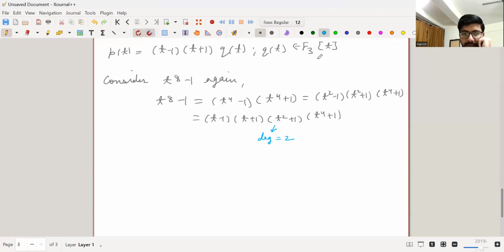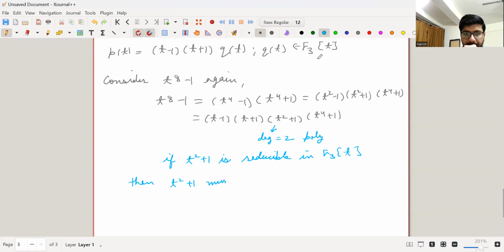So if t^2 plus 1 is reducible in F3[t], then what are the possibilities that it can have? Then t^2 plus 1 must be a product of linear factors, right?